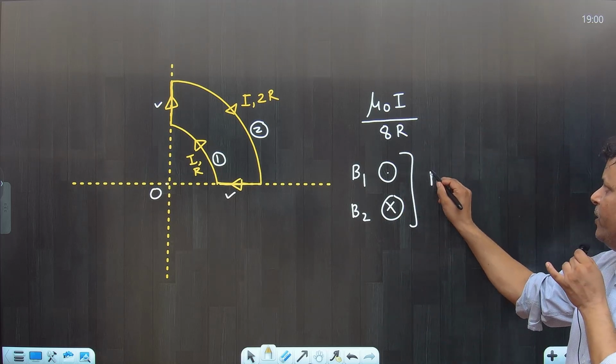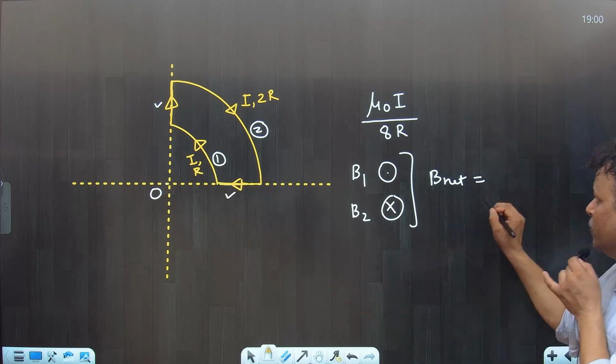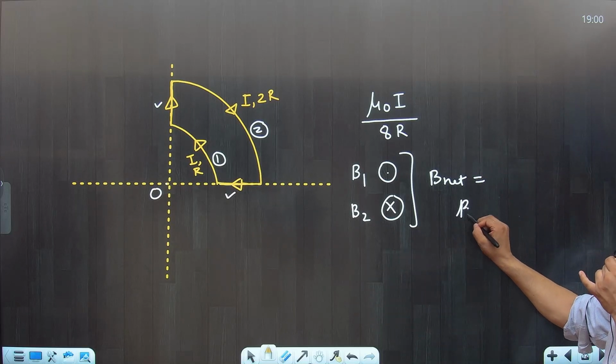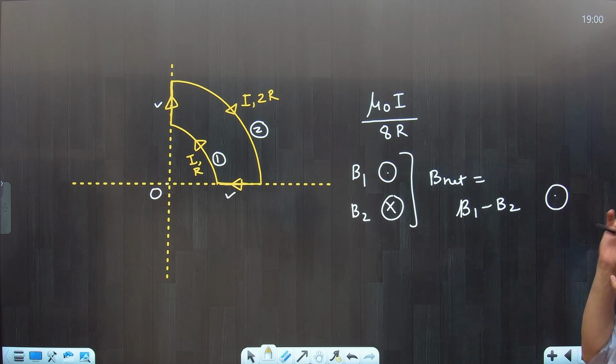So B net will be, obviously, the closer one minus the other. This one is closer, so B1 minus B2. So the magnetic field will be out of the paper.